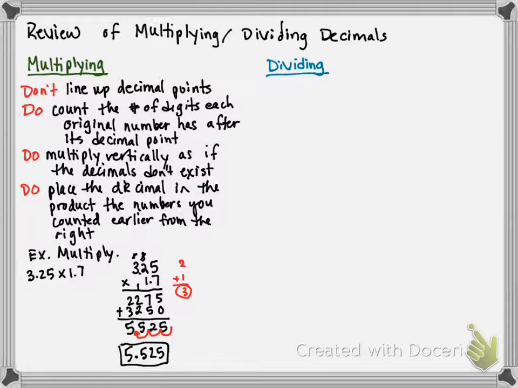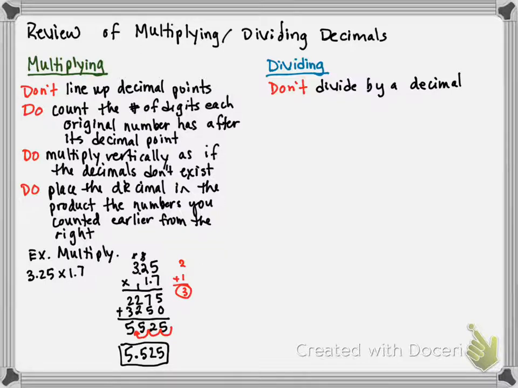Okay, let's talk about dividing. We don't divide by a decimal. So that means if your divisor, the guy outside the division house, has a decimal in it, you're going to have to multiply by some power of 10 to make it a whole number, okay?